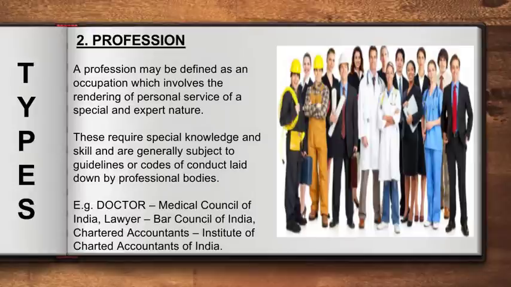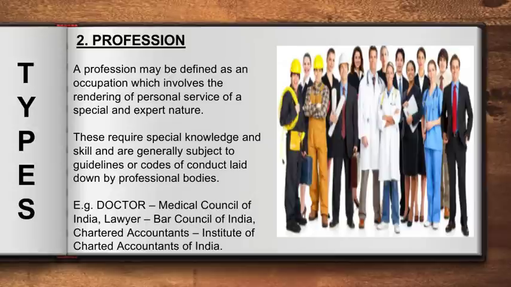These require special knowledge and skill and are generally subject to guidelines or codes of conduct laid down by professional bodies. Example: doctor, the Medical Council of India; lawyer, the Bar Council of India; chartered accountants, Institute of Chartered Accountants of India.